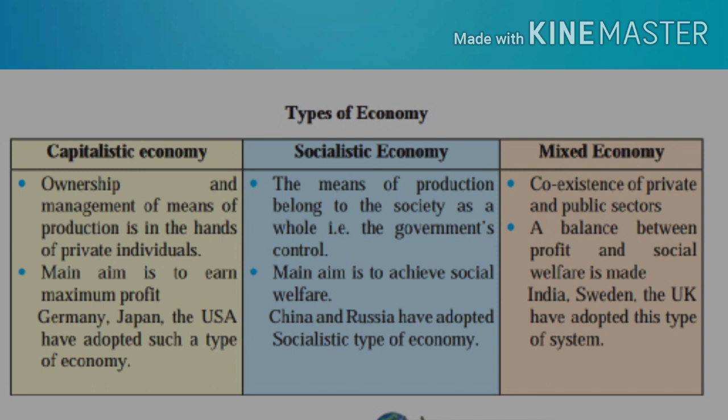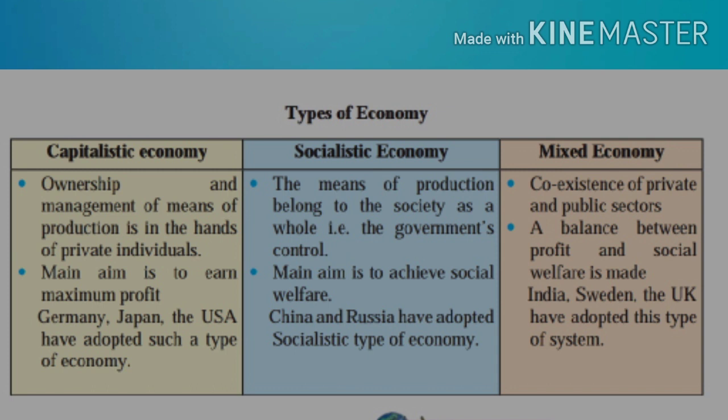And the third type of economy is mixed economy. In a mixed economy, there is a coexistence of private and public sector. Means a balance between the profit and the social welfare is made in the mixed economy.